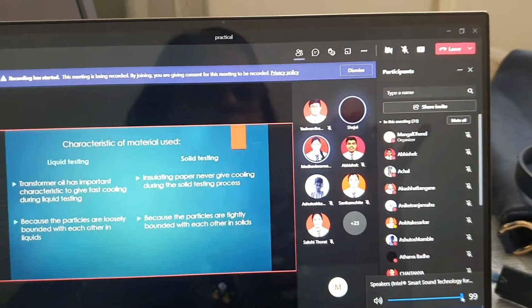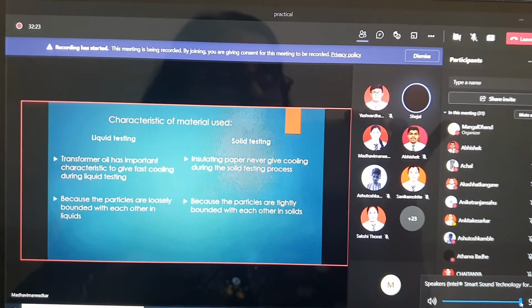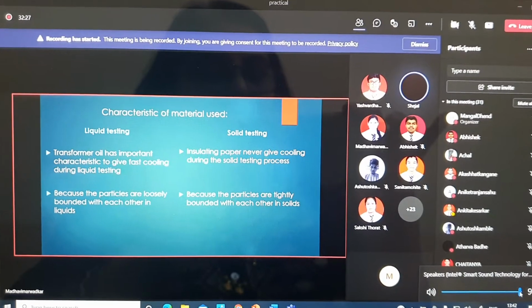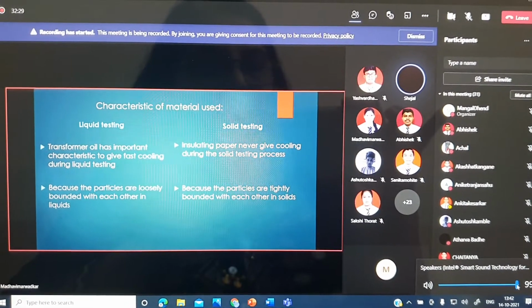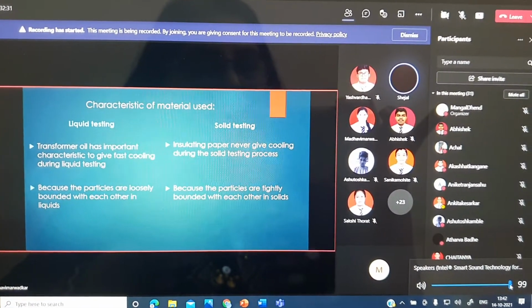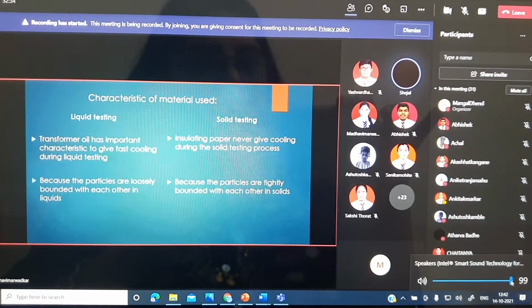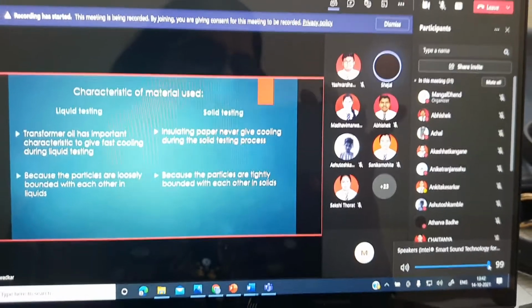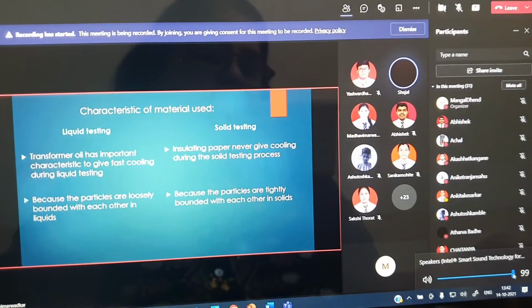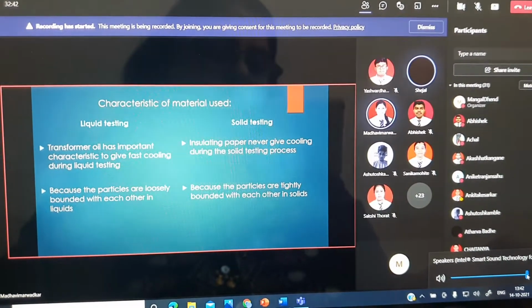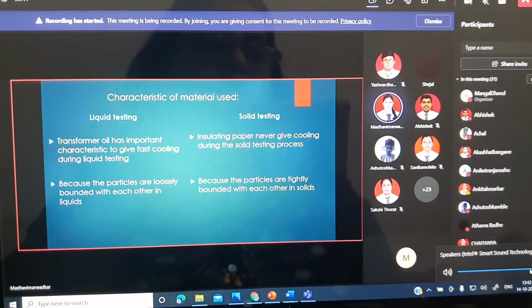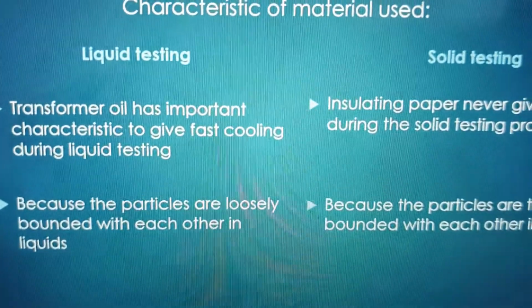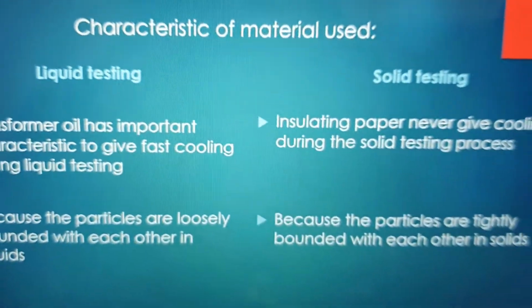But in solid testing, the insulating paper never gives cooling during the process, because the particles in it are very tightly packed, and the electrons in the material are also very much packed, so it does not give any cooling. So in liquids, this is a very good property. During the process, they can give fast cooling.